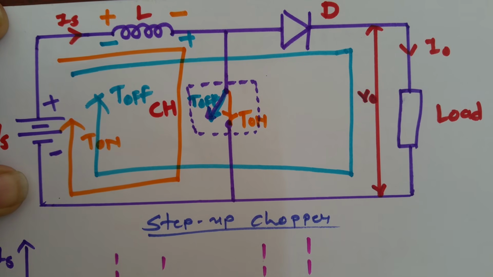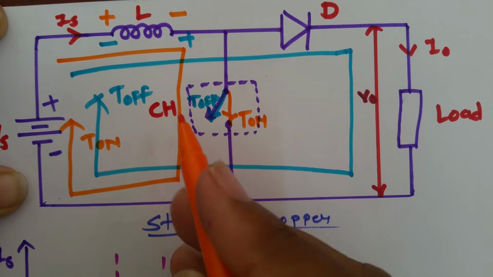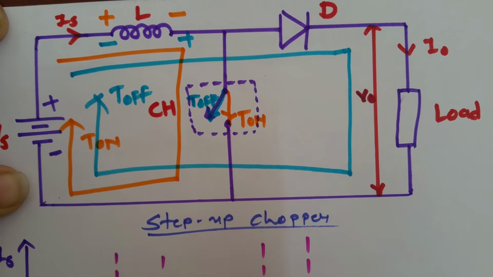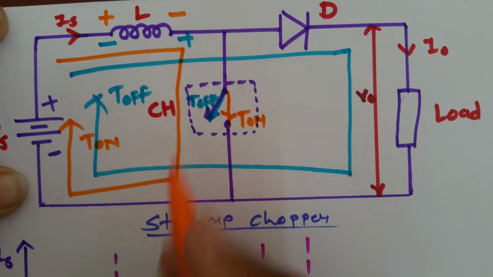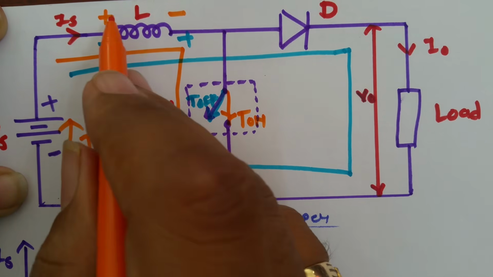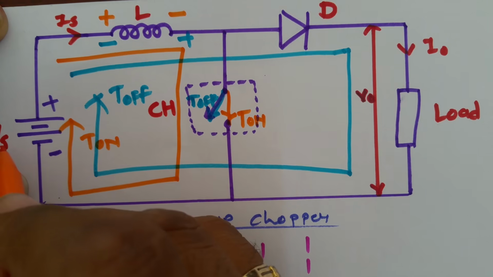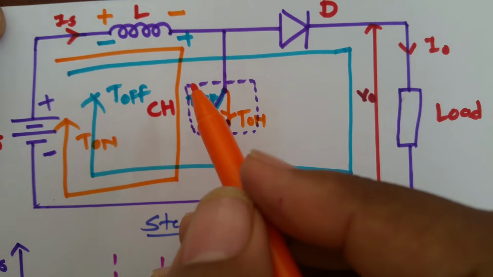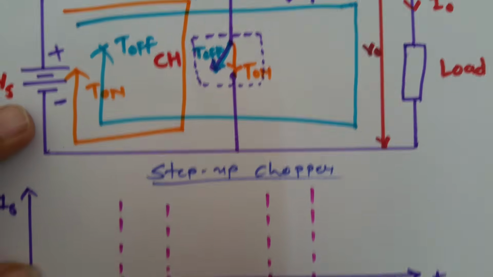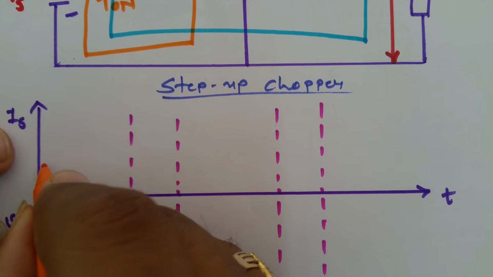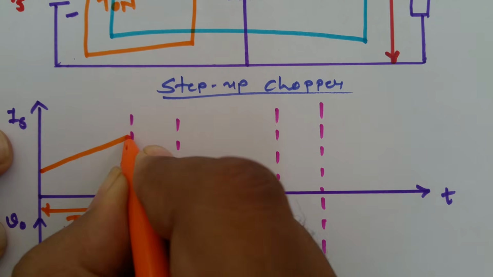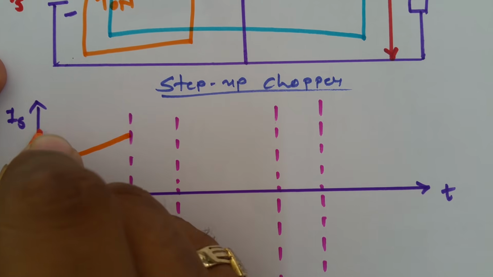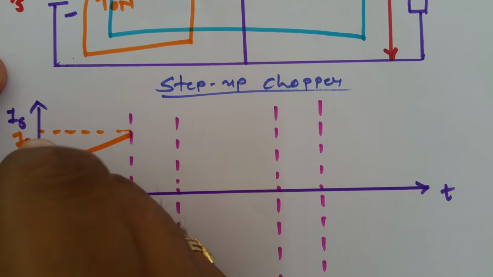During T on, this switch is on, and inductor is energized by supply Vs and current passing through inductor increases with respect to time. So current increases linearly. Let us say this is I1 and it will increase up to I2.